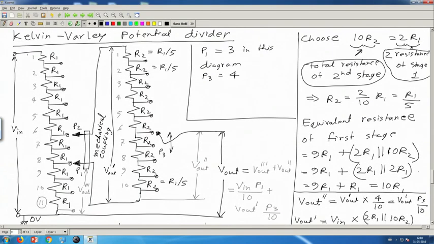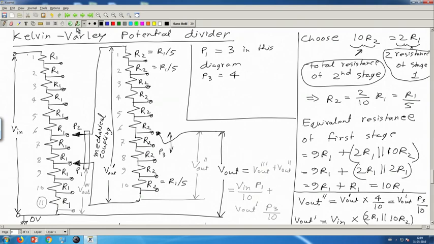Can we get that from here? No. With 2 stages, we can get up to 2 decimal places. If we want to get up to 4 decimal places, we need 4 such stages.